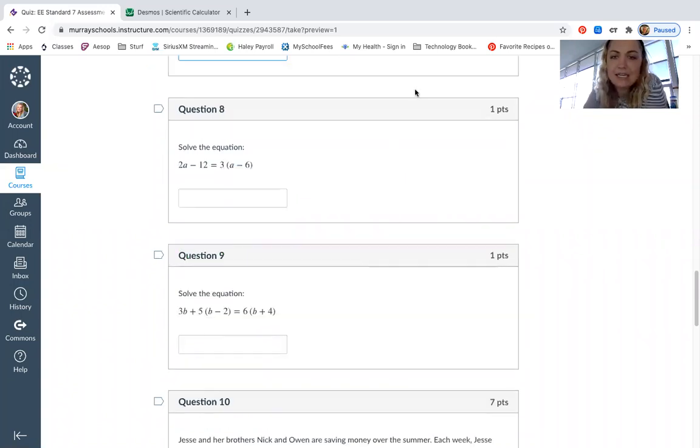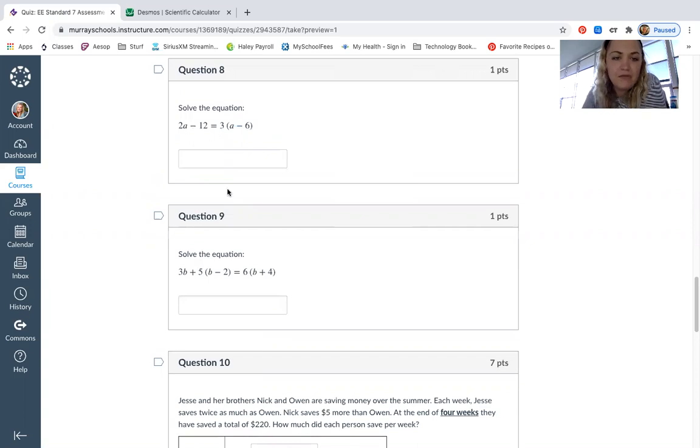On question 8, a little bit of distribution going on here. Oh man, every time. I'm going to distribute this 3 to everything inside the parentheses. And I have 2a minus 12 equals 3a minus 18. Now I want to get all of the a's to the same side. I'm going to subtract 2a from both sides.